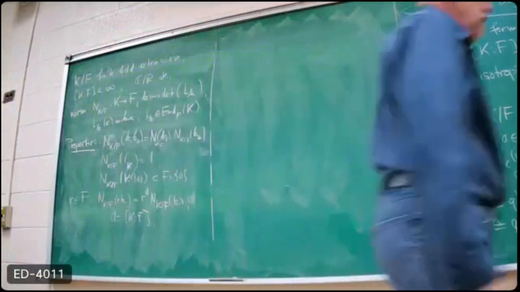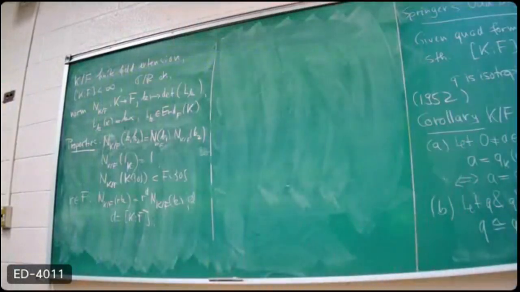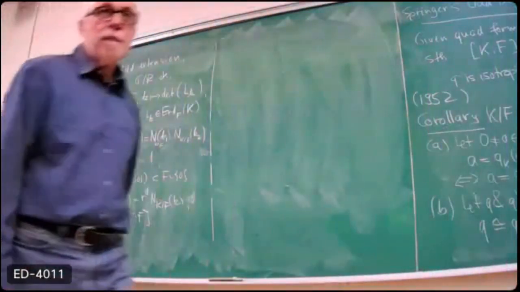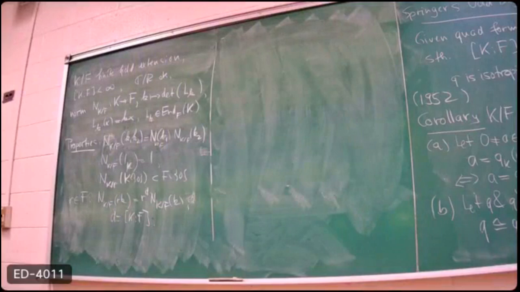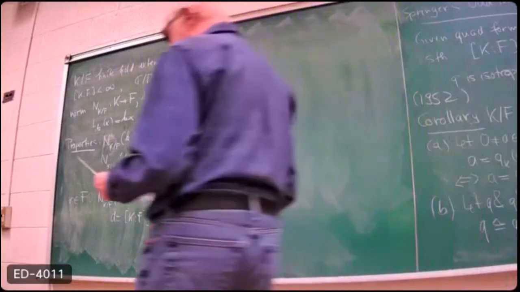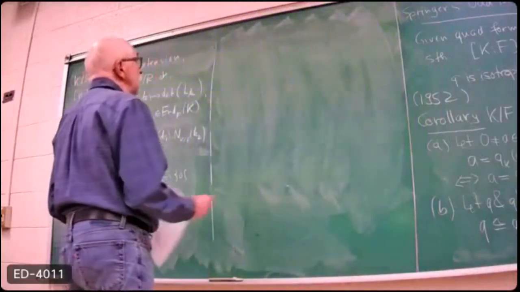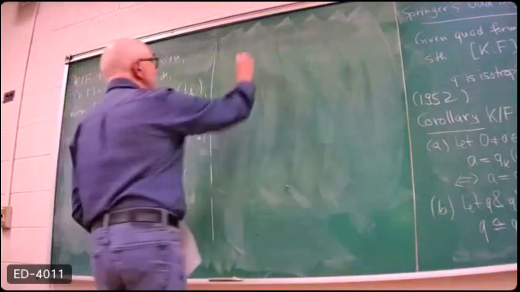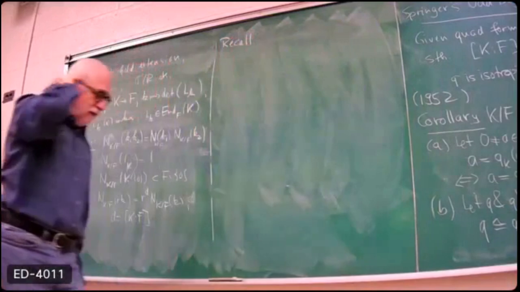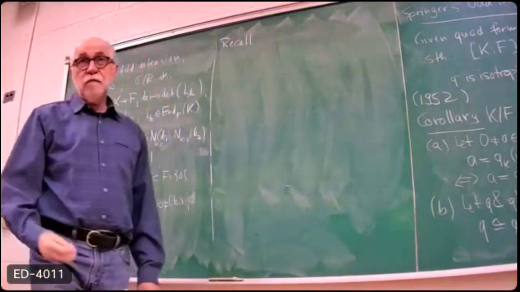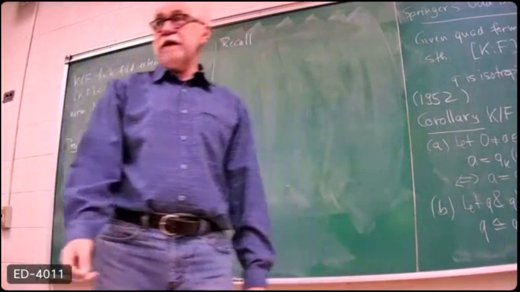So now there are two principles for using the norm and quadratic forms. Because in the last lecture I told you that we can multiply quadratic forms by scalars.